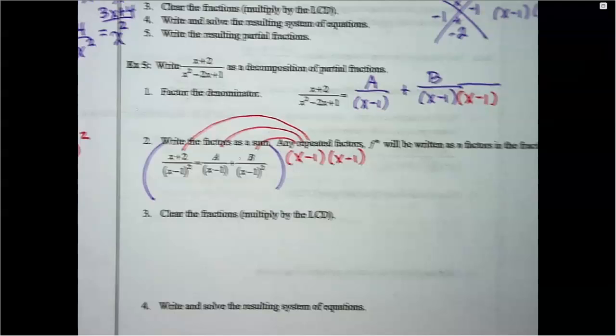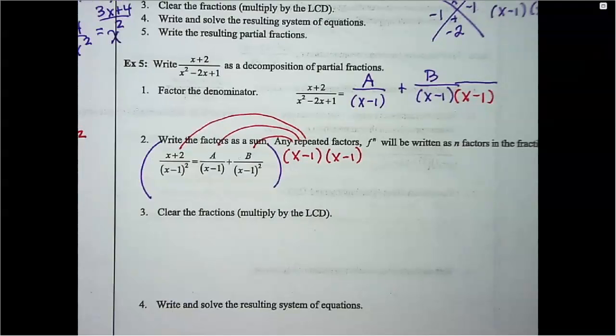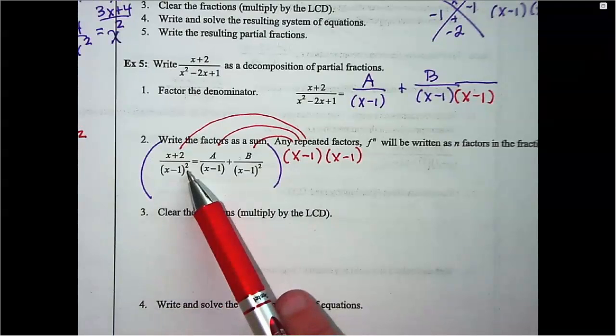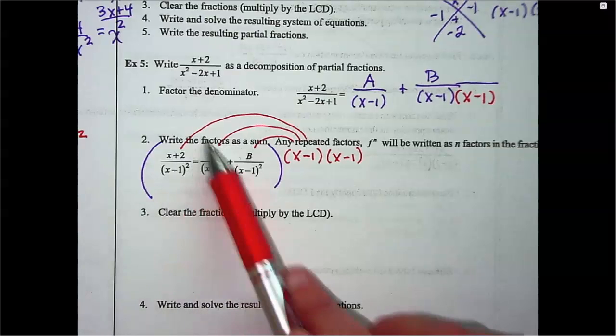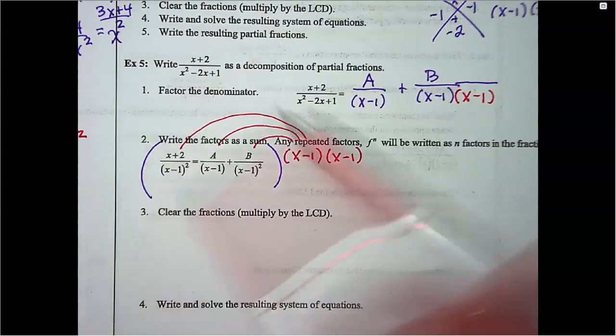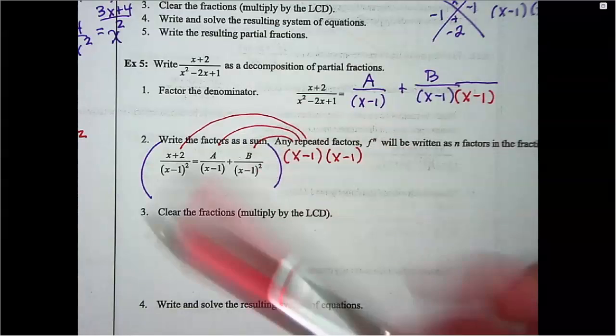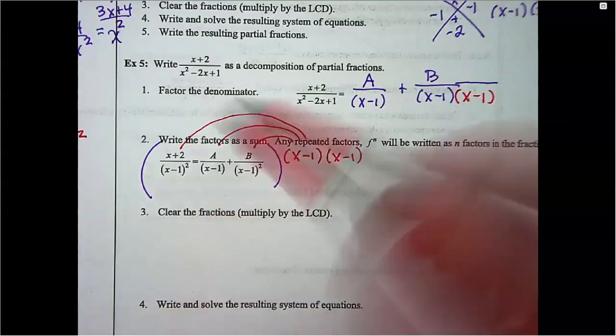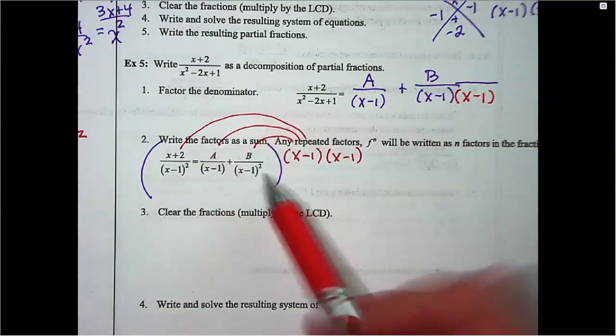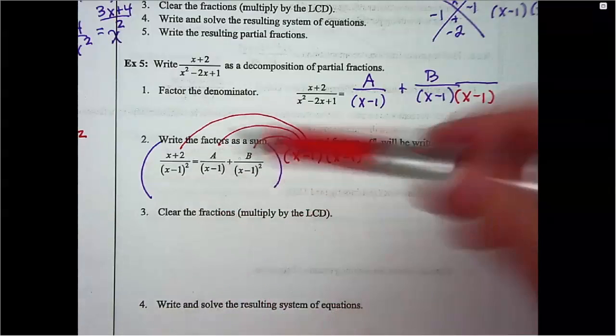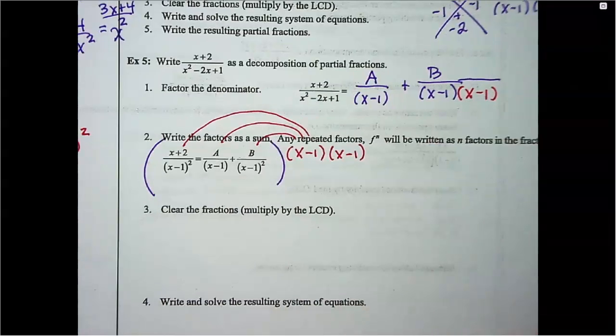All right, we should clear out all the fractions. Here we go. X minus 1 squared. There's 2 of them. So this is the original fraction, and I'm going to break it up into 2 simpler fractions. If the denominator is linear, we have an a on the top, and if it's a repeated linear, we have a b on the top. So I'm looking for a and b, and then I can write the fractions broken up. All right, so here we go.